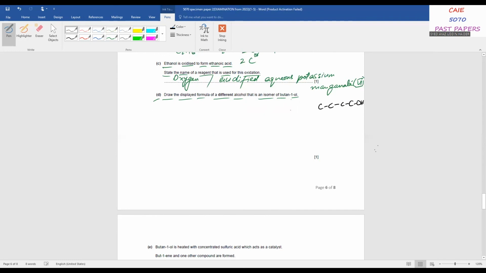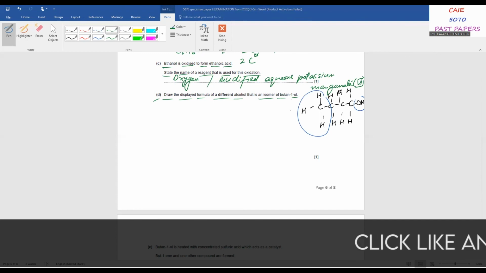It's 1-ol, so you'll have OH on the first carbon. Now you have two options. You can either move this group or move the OH. You can make the isomer of butan-1-ol. It's very easy. I'm going to show both.